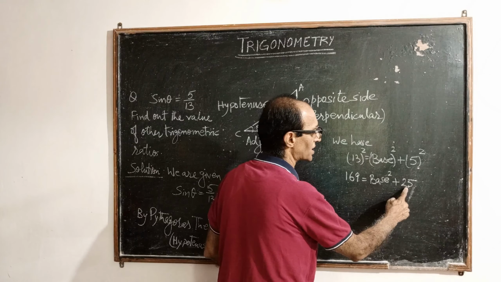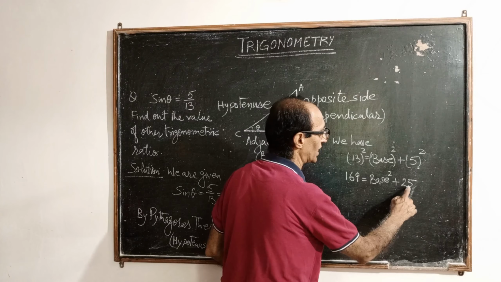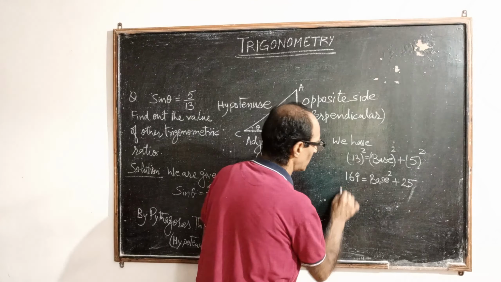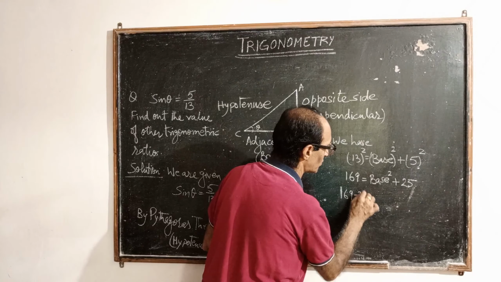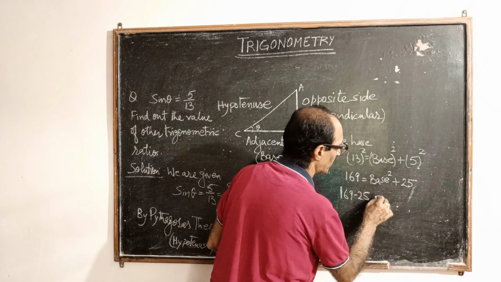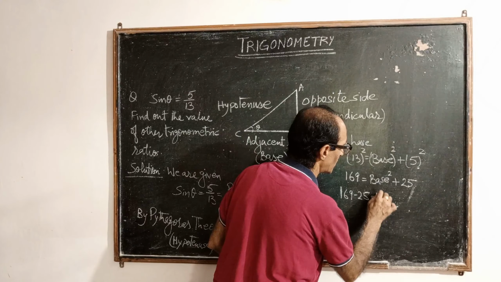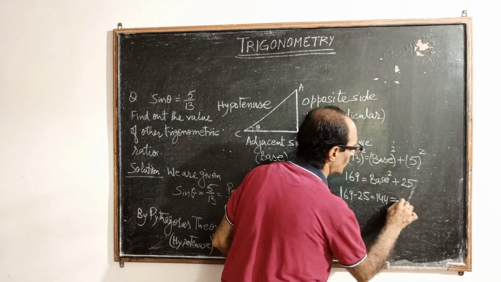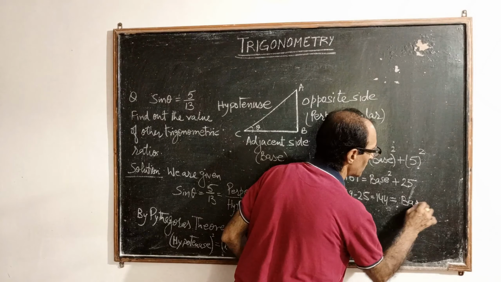Now we can take this numerical value 25 to the left hand side. It becomes 169 minus 25, that is 144 equal to base square.